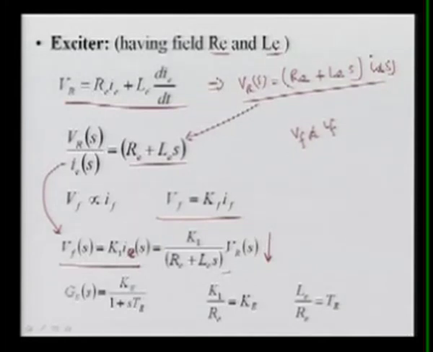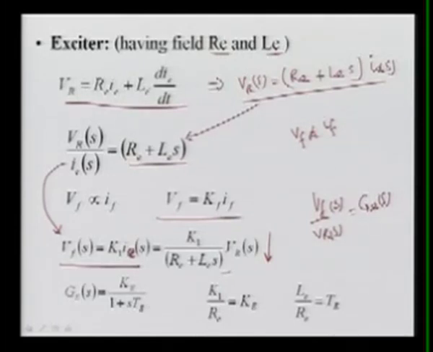So now VF upon VR in the S domain is nothing but your excitation transfer function, which we can write as K upon 1 plus STE.